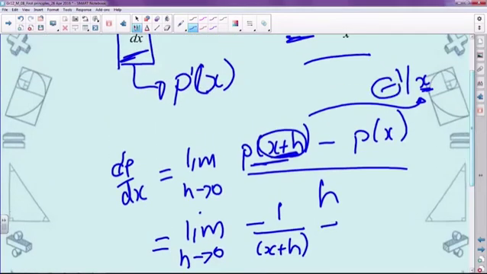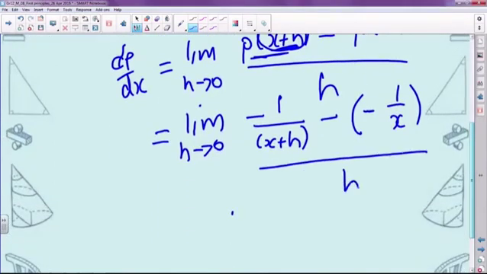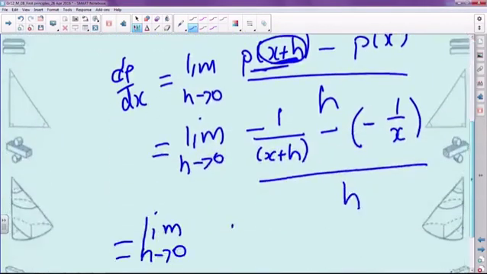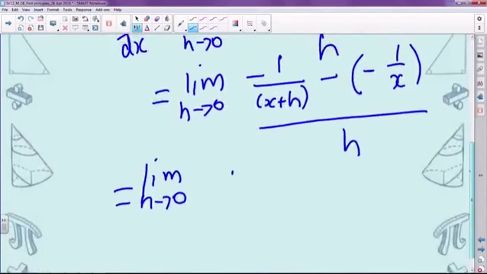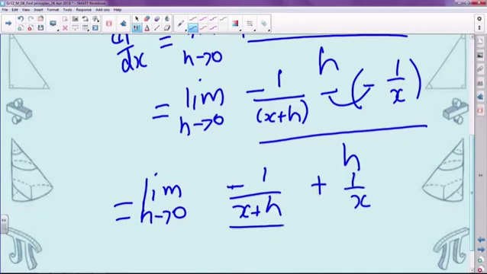You are dealing with a negative expression, so it's minus, minus 1 over x, and that's all over h. We bring down the limit. Remember, I said if you leave out the limit as h tends to naught, you're no longer looking for the gradient at a point, you're looking for the average gradient. So please don't leave out the limit. We end up with minus 1 over x plus h, a minus times a minus is a plus, plus 1 over x, all over h.